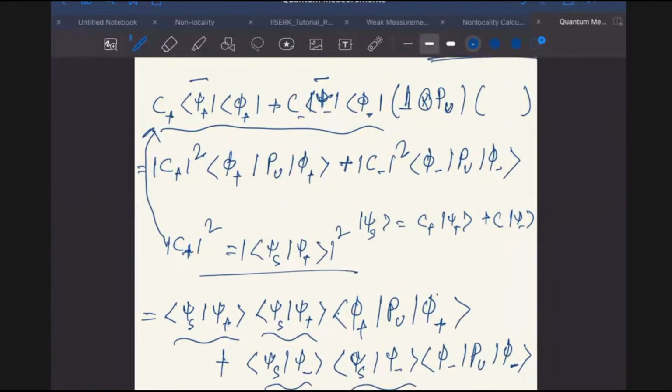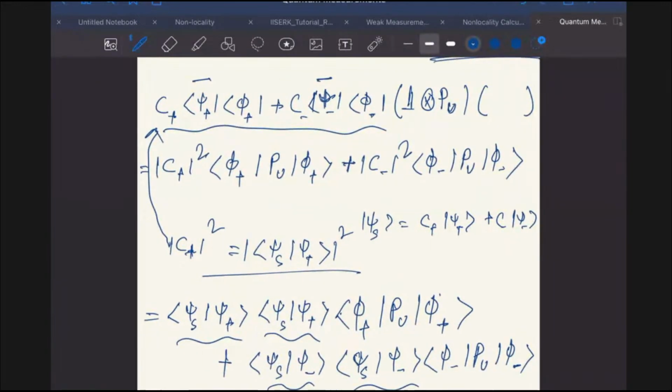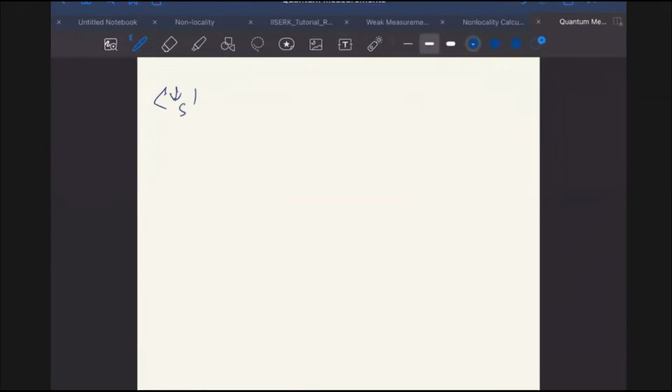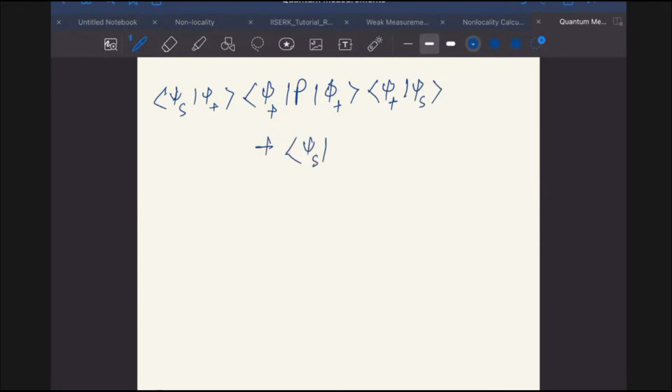Let psi s psi plus remain here, and there was phi plus P_U phi plus, and I can write psi plus psi s, and similarly psi s psi minus.